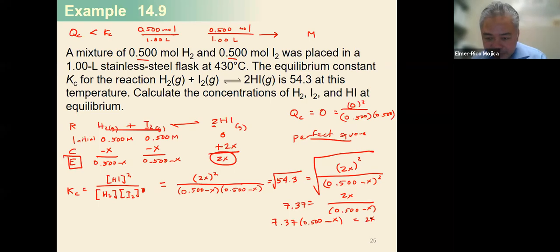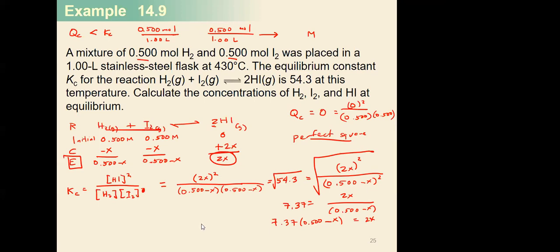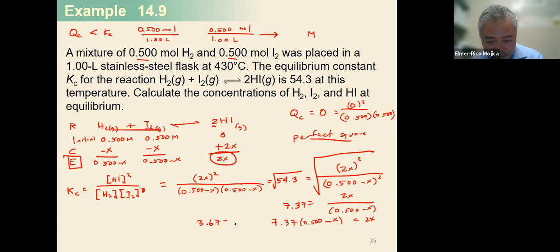And if you're going to look at this, that will give you what? 1/2 of 7.37, which is equal to 3.67. And the way that you're going to do is minus 7.37x, and that is equal to the 2x.